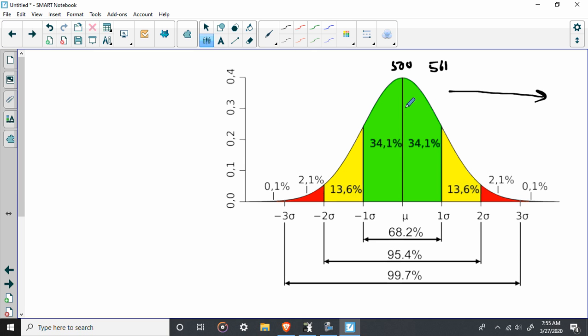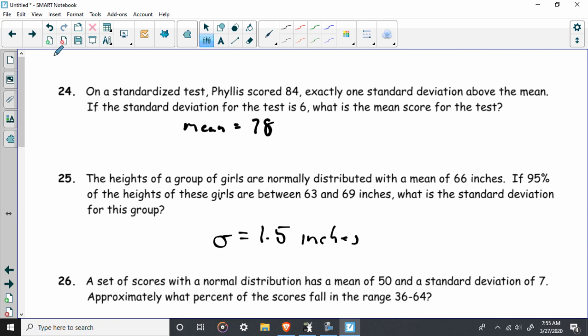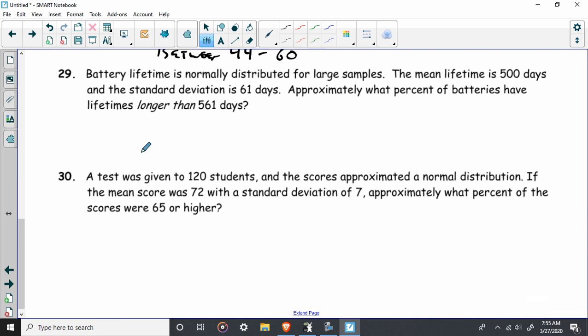We got 50, we got 34.1, right? So we're going to take this whole thing, and say 100% was the whole thing. So we're going to take 100% minus what percent we got here, and that'll give us the remainder over there. So we've got 100 minus the 50% minus the 34.1%.